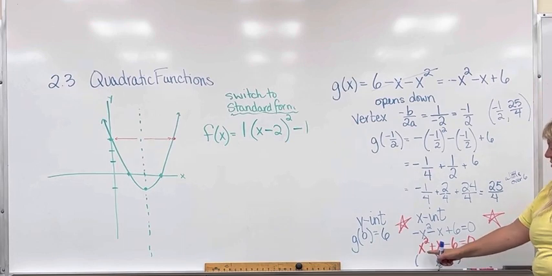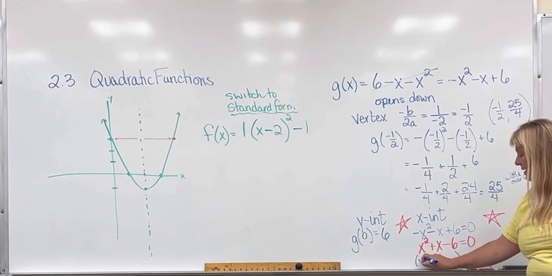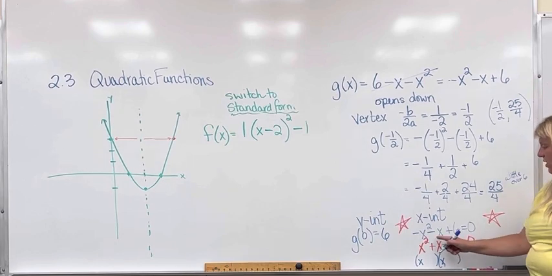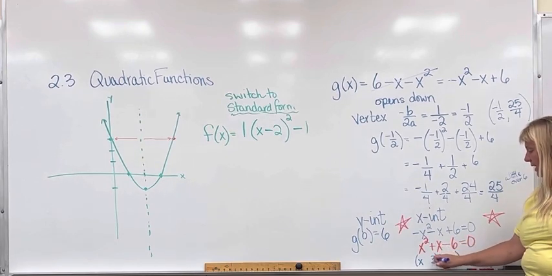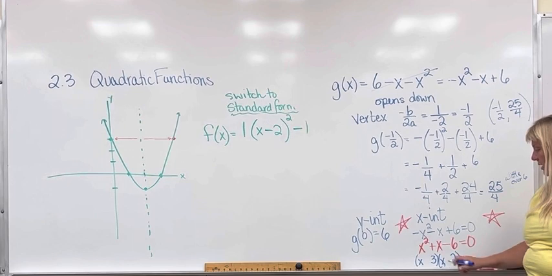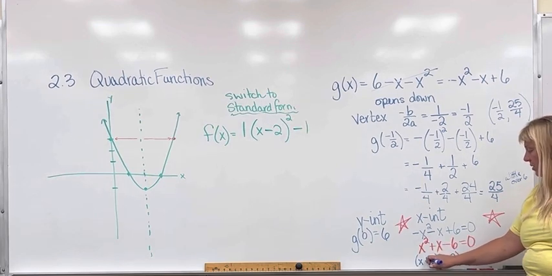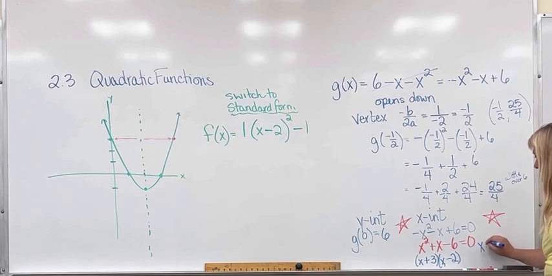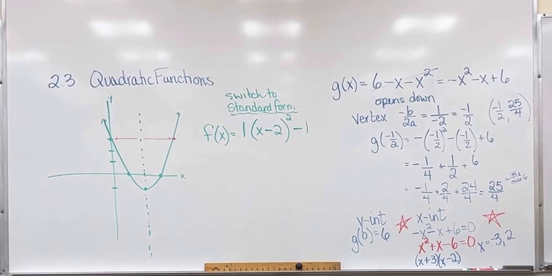So let's see, we've got x's up front. We need a 6, but a 1 in the middle, so we'll go with a 3 and a 2. And to get a positive 1, we'll need a positive 3 minus 2. So we'll have x equals negative 3 and x equals 2.